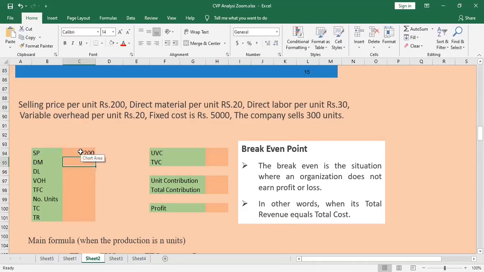Direct materials, we have 20. Direct labor, 30. Variable overhead, 20. Total fixed cost, we have 5,000 rupees. And the number of units we are going to produce is 300, right?